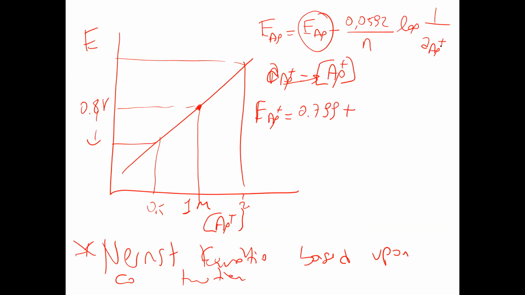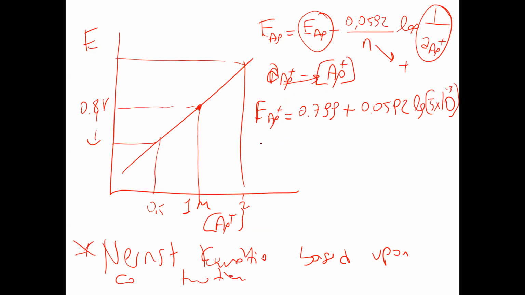Plus, we reverse it. It becomes 0.0592, and this is 1 electron. The valence value is 1, so we don't do anything regarding this. And the concentration of silver nitrate is 5 times 10 to minus 3.